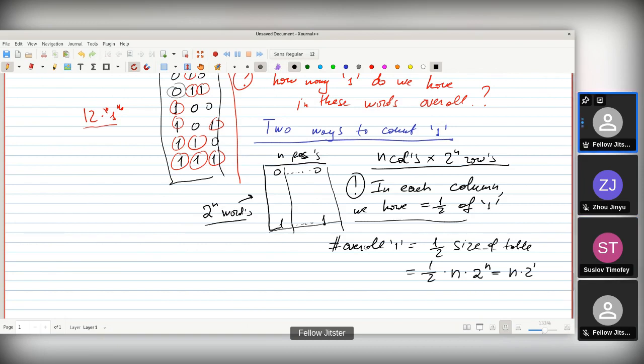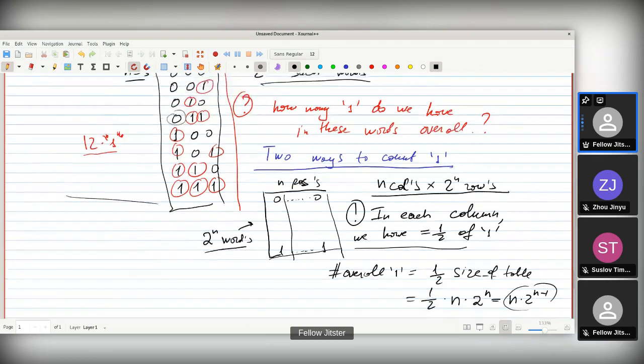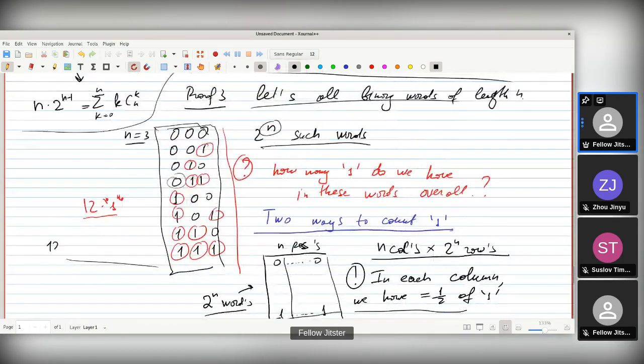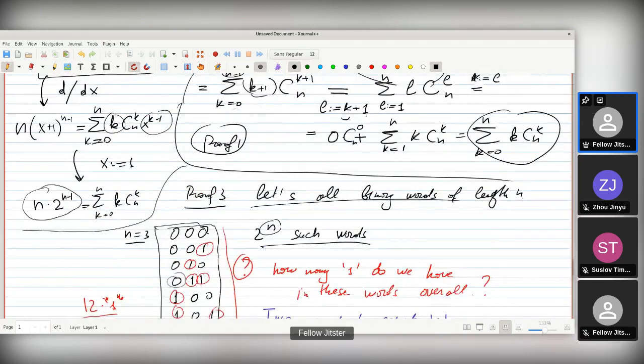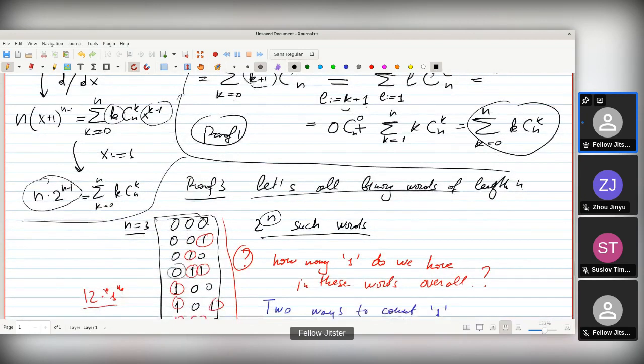That is n multiplied by 2 to the power n minus 1. Do you agree? Yeah. And this is true for this particular case: 12 equals 3 multiplied by 2 to the power 3 minus 1. So we have obtained this number as the number of unities in this table.